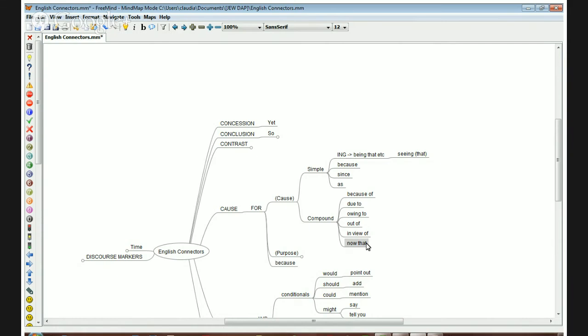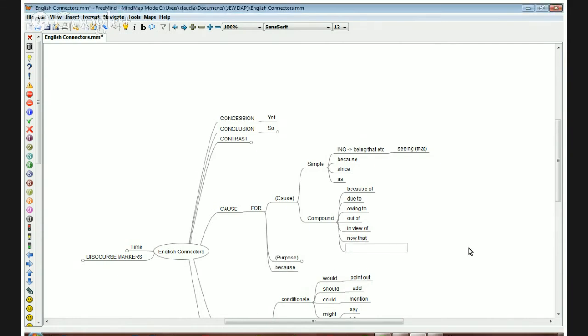The complex ones would be "you can tell by" or "because of," etc. Okay, so that sounds pretty good. We'll call that a compound cause connector. "You can tell by." Sounds pretty good.